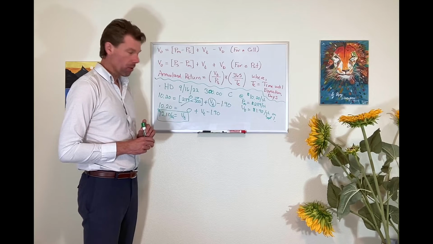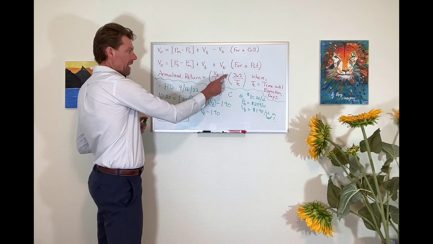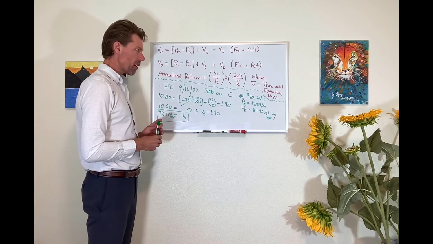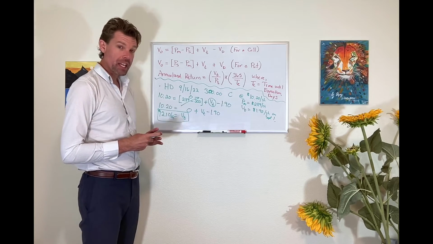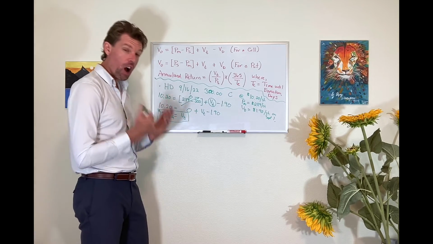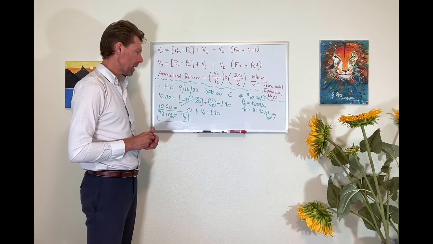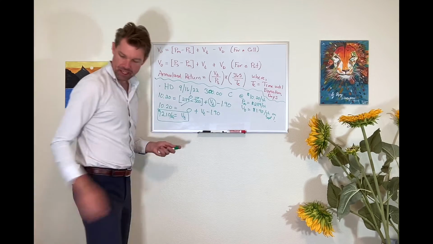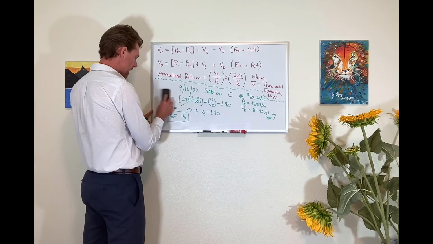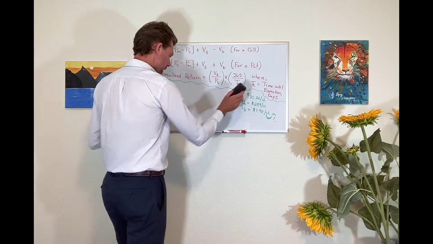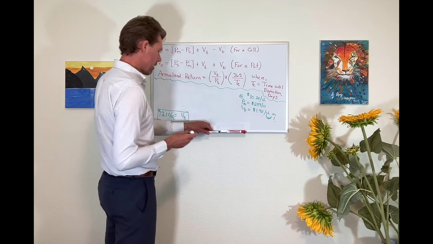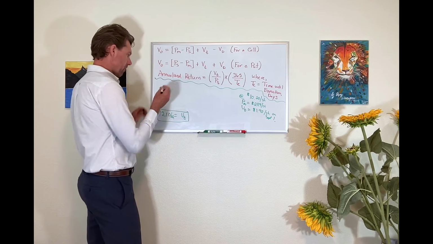Now all we need to do is plug this into the annualized return, and we're going to be able to see what the annualized return cost of owning this call option on Home Depot really is. So I'm going to go ahead and erase this. So I'm going to go ahead and transfer to a different color here.